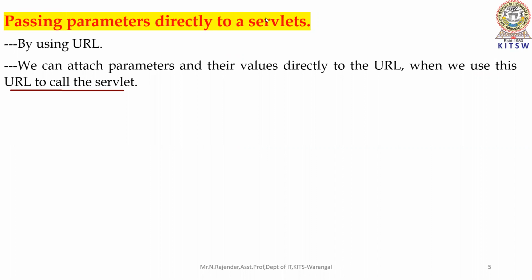In previous video lectures, we saw that the last step of building and installing a servlet is calling the servlet. When we call a servlet by using a URL, we attach the parameters and values. By this method, we can pass parameters to a servlet.